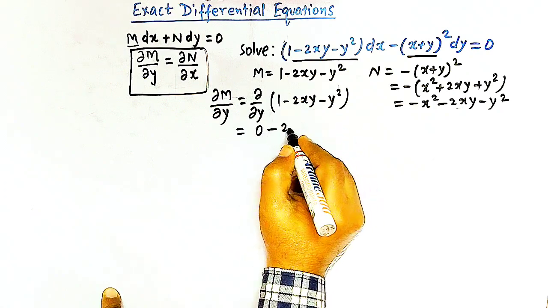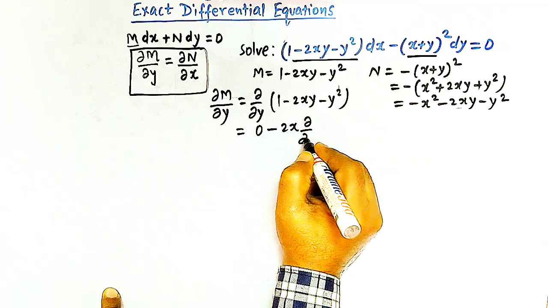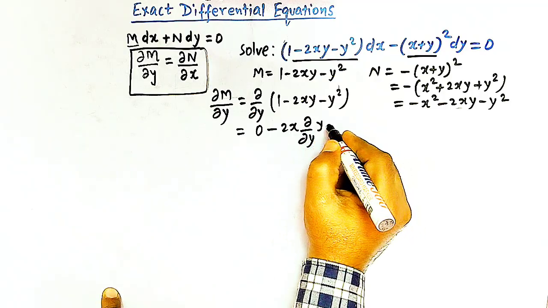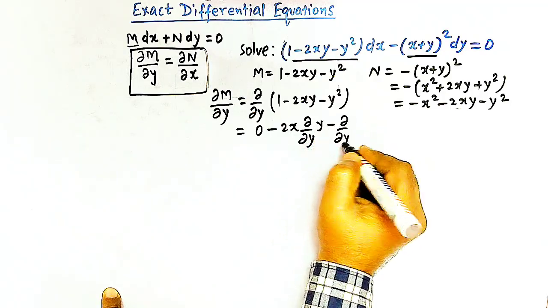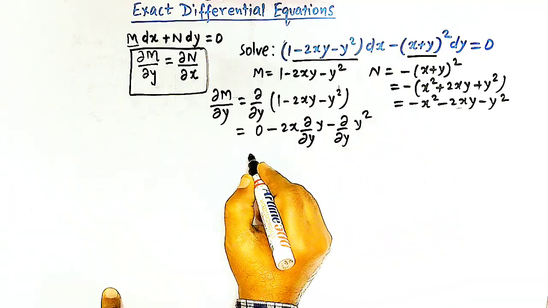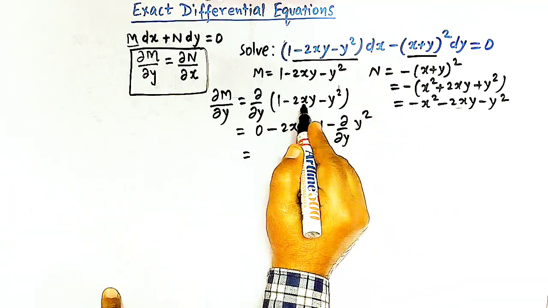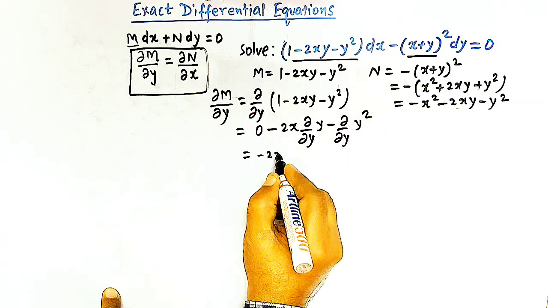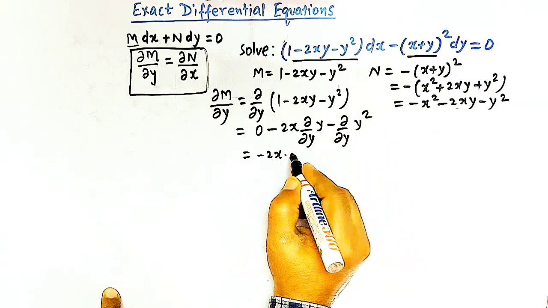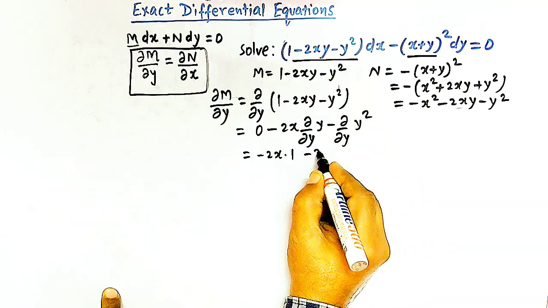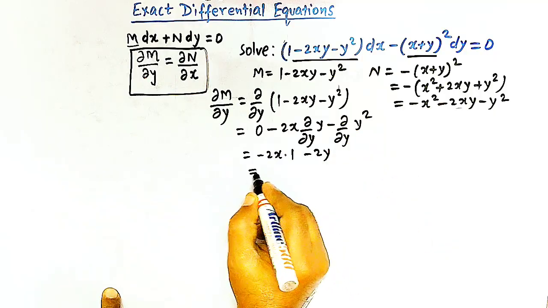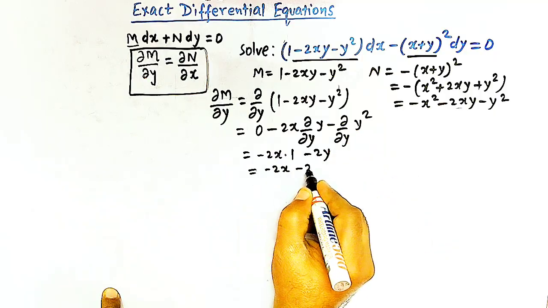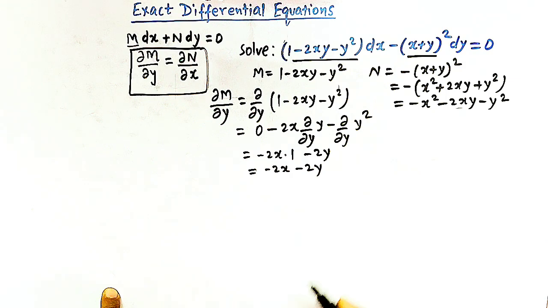Then we have minus 2x del over del y, and here we have y, and then we have del over del y of y square. So here we take x as constant, right? So here we have minus 2x, and here we have 1, and here we have minus 2y. So this is minus 2x minus 2y, right?